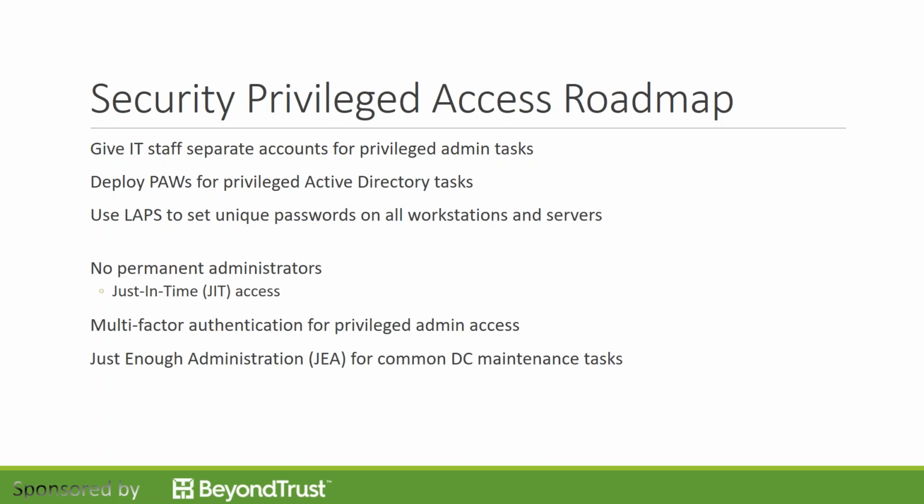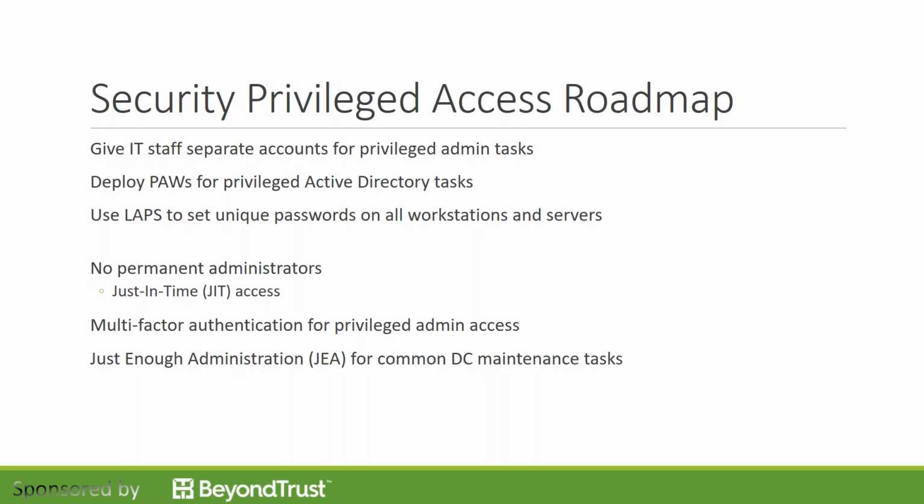Now the second phase gets a little bit more complicated. So you can see all the simple stuff there really in the first phase, which probably most organizations could realistically achieve. But the second phase is going to require a higher level of technical knowledge and probably more funding. So here again are just a few of the things from the second phase. So as I said, no permanent administrators in your privileged AD groups.